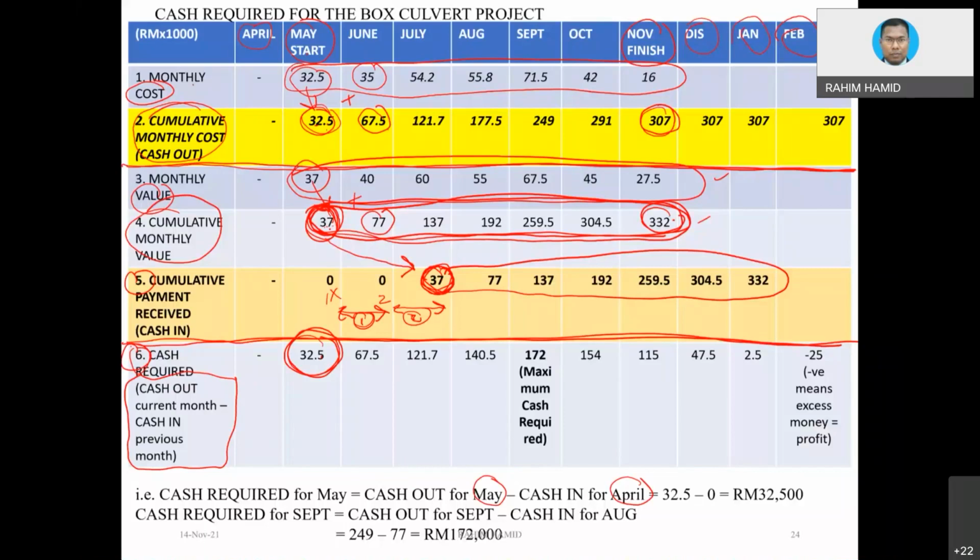So now 32.5. For cash out, you are going to use row number 2. Maybe I missed that. Row number 2. How about cash in? For cash in, you are going to take row number 5.